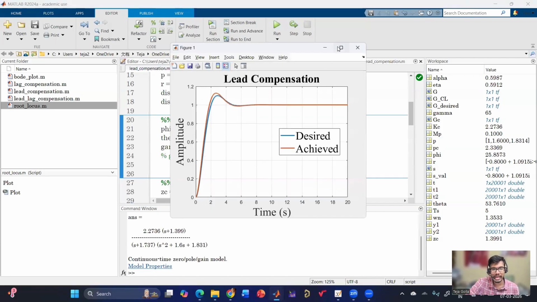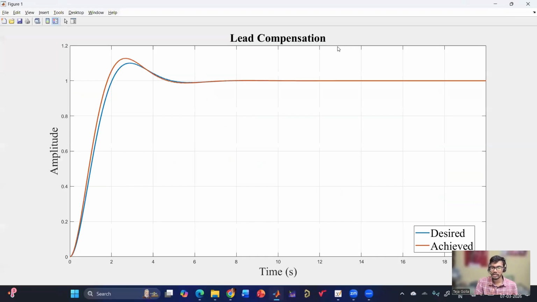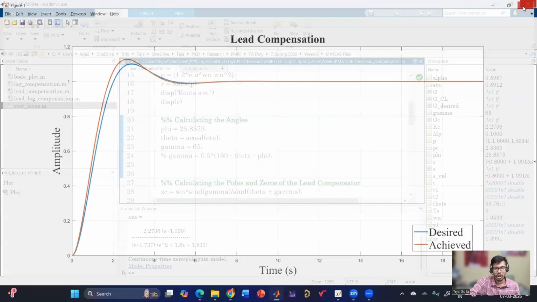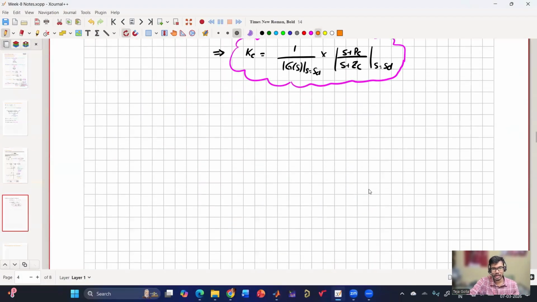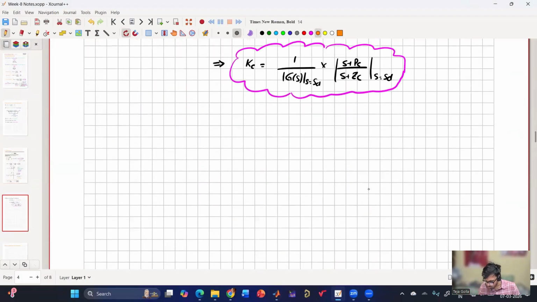If you see, again, it was better for gamma equals to 50 degrees, and it is not good for gamma equals to 65 degrees. It is again deviating. So the question is how to choose gamma. I'll write the question again here. How do we choose gamma?